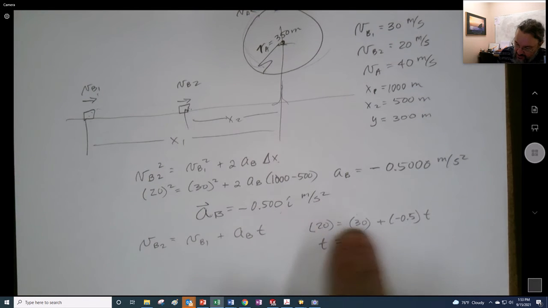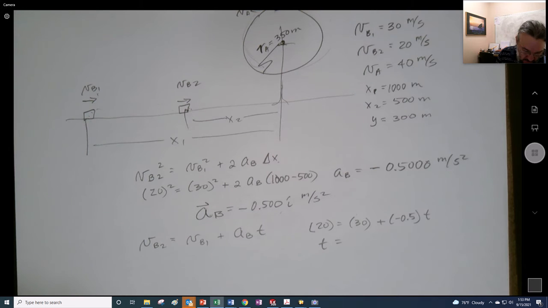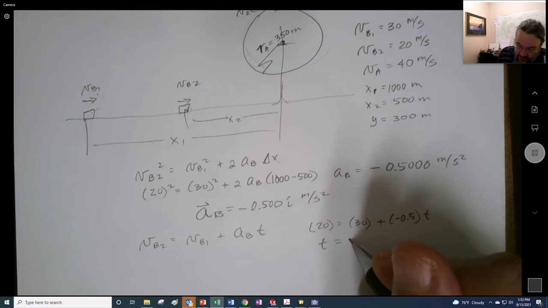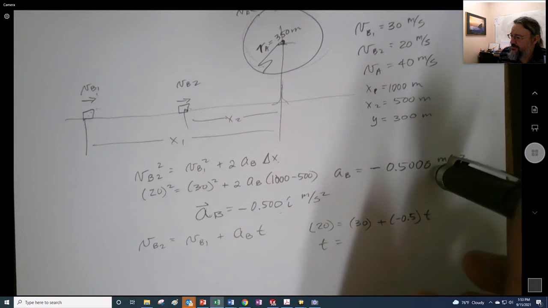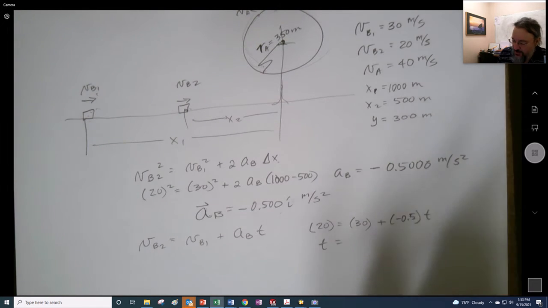So that should be negative 10 divided by negative 0.5, right? 10 divided by 0.5, you should be able to do that in your head. So that's going to be 20 seconds.